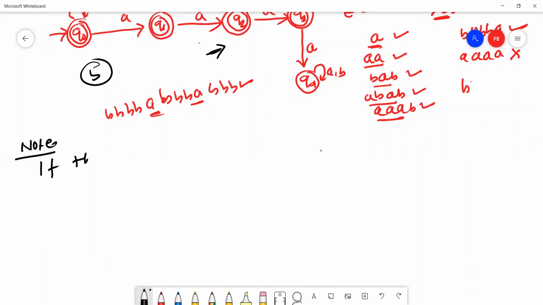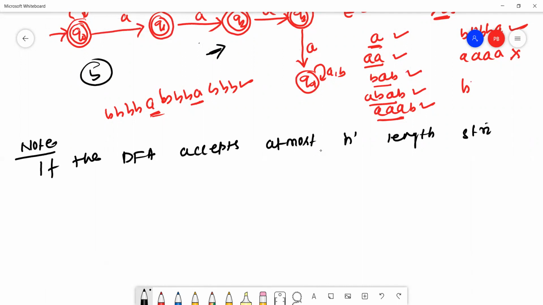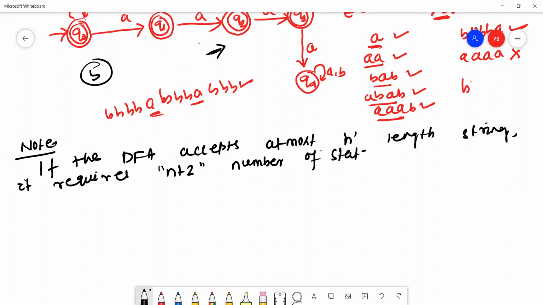If the DFA accepts at most n length string, it requires n plus 2 number of states.